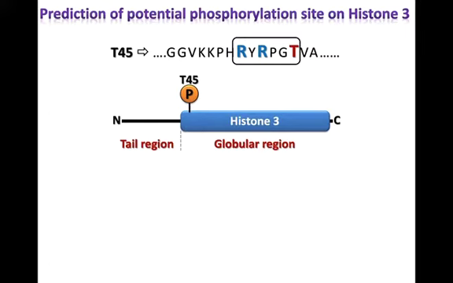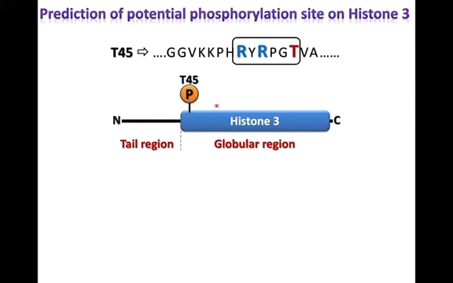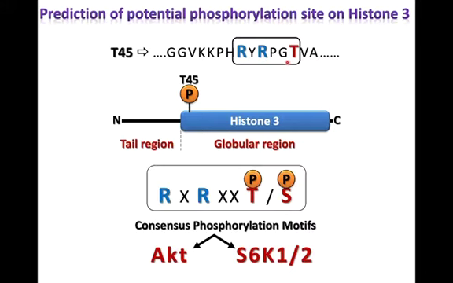If you look closely, let's have a pointer. If you look closely at T45, you'll see it's located here, and it has a specific sequence. It's already known that this specific sequence, not Y, not P, not G, the existence of R, XR, XXT, is a specific sequence that kinases need in order to phosphorylate T. They need to read this sequence in order to sit on this protein to do phosphorylation.